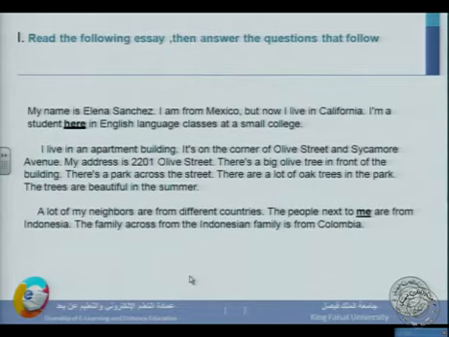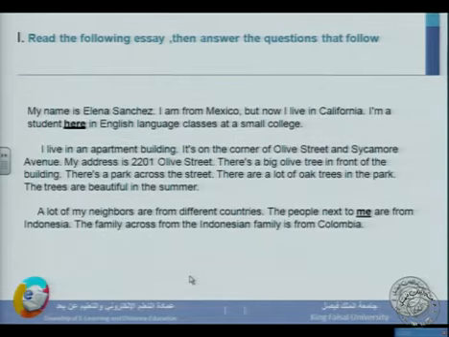Okay, and here I want you to read the following essay, then answer the questions that follow. So let us read it together. My name is Elena Shangias. I'm from Mexico, but I live in California. I'm a student here in English language classes at a small college. I live in an apartment building.